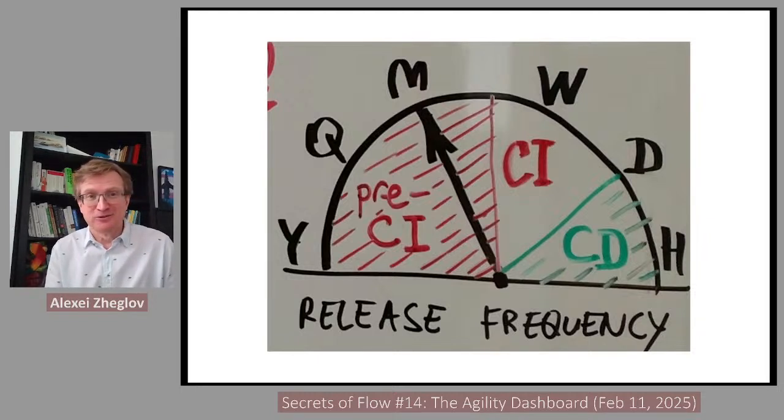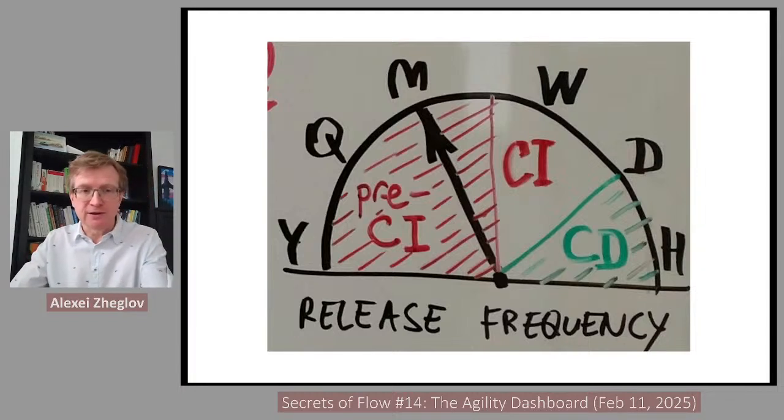Also the sectors on this dial are shaded and highlighted. I roughly described them as continuous delivery, CD, or continuous integration, which may be happening at a somewhat slower frequency, and all slower frequencies are labeled as pre-continuous integration.